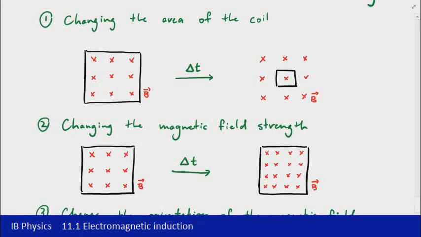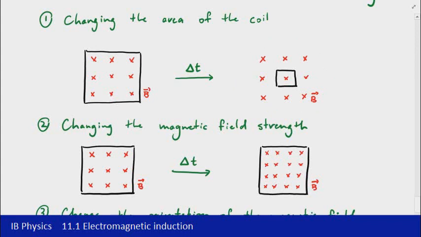where we need to. So if we look at the initial condition here for changing the area, the flux would be directed into the screen, given that the magnetic field is directed into the screen. The area is large, and so it'll be a large flux into the screen. On the right hand side over here, the flux is now going to be smaller because the area is decreased.